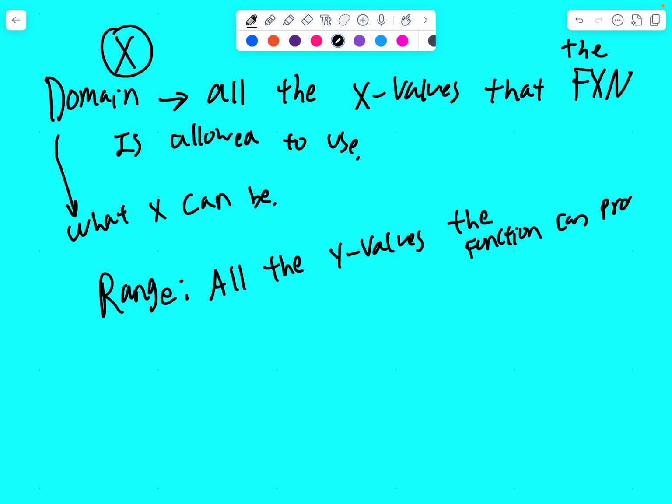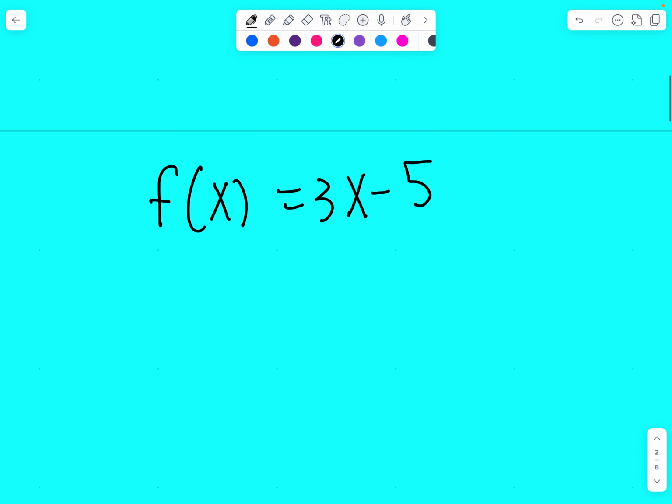When it comes to range, what I want you to know is that range equals the output values. All right, it's the output values, what Y can be. Once you know what X is allowed to do, you look at the function's behavior and see what Y values come out. Let's do a practice problem right here.